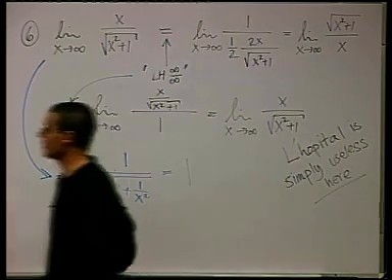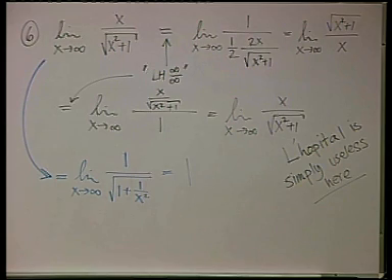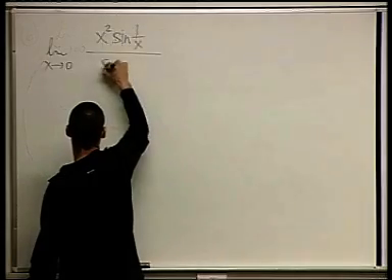Okay, example 7. Limit x goes to 0, x squared sine 1 over x divided by sine of x.